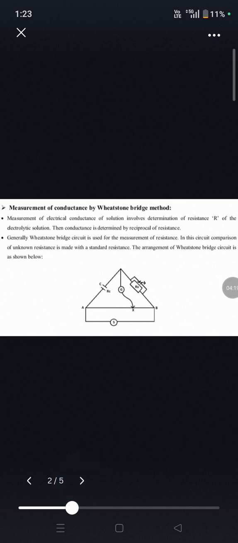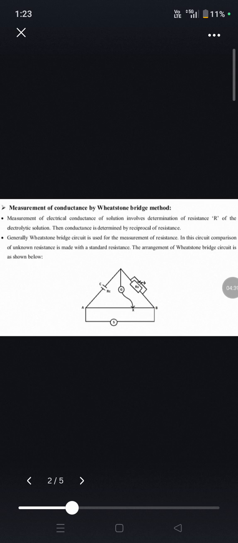Here, the cell constant is determined using 1 molar KCl, and the resistance of the KCl solution is measured by the Wheatstone bridge as shown in the figure. AB is the uniform wire, Rx is the variable known resistance placed in one arm of the Wheatstone bridge.